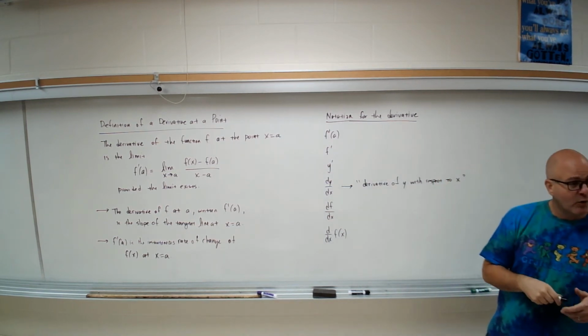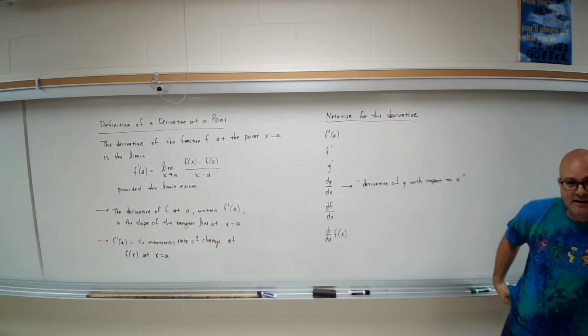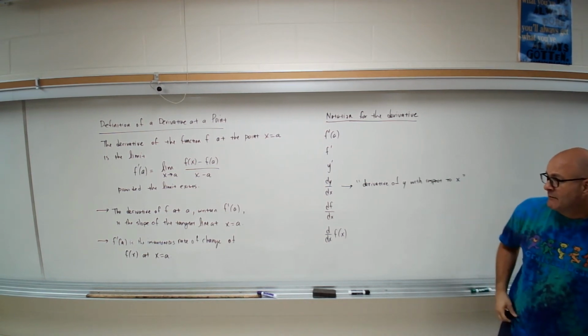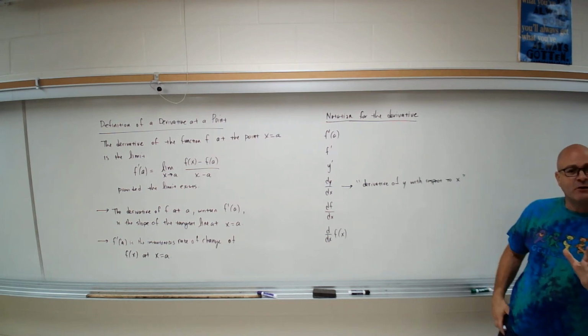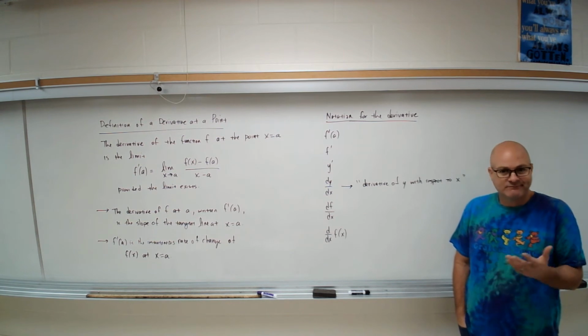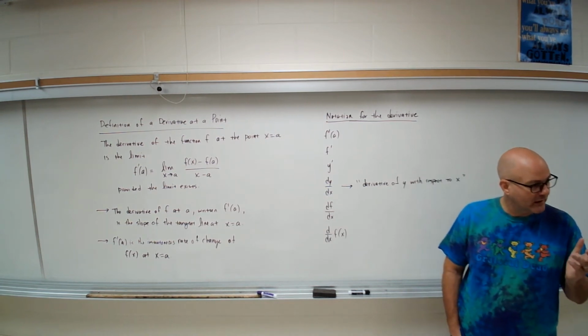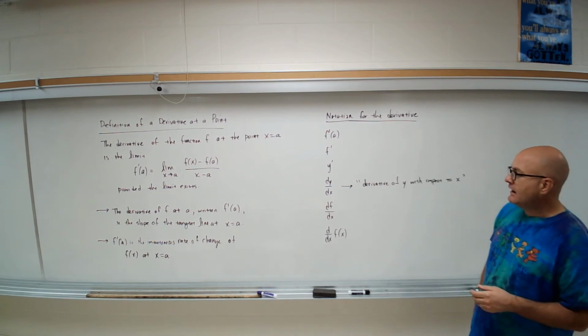Now we're going to get more into the notation and see how we use it and how different things happen when we start to mix up variables. But for now, just be aware there are two different notations. They mean the same thing. It's like f of x and y equals being about the same thing all through algebra 1 and 2, right? Got used to it.